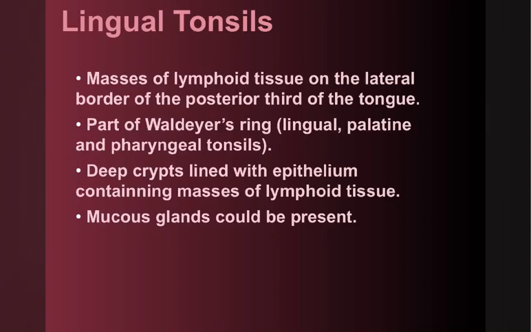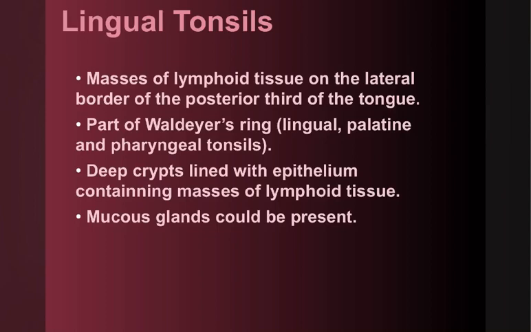Lingual tonsils are masses of lymphoid tissue on the lateral border of the posterior 1/3 of the dorsum of the tongue. They are part of what is called the Waldeyer ring of tonsils.